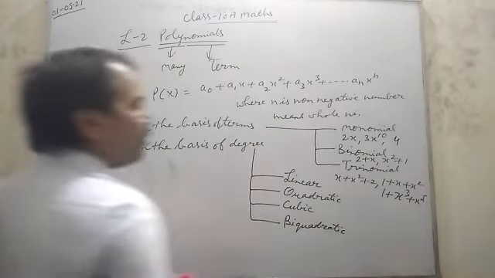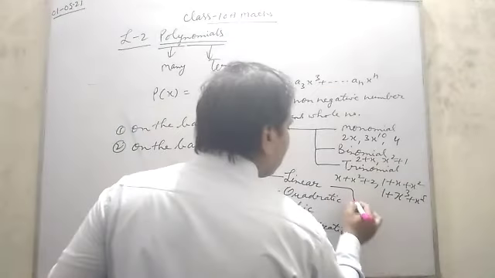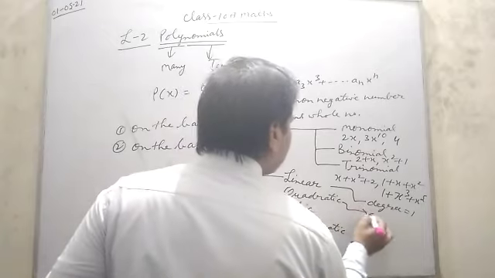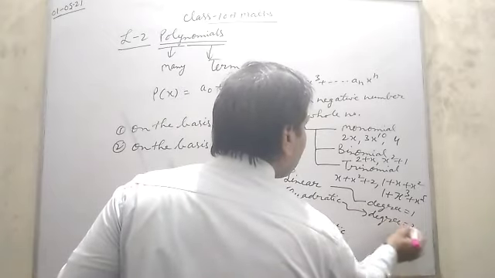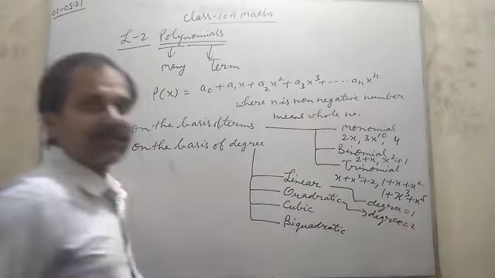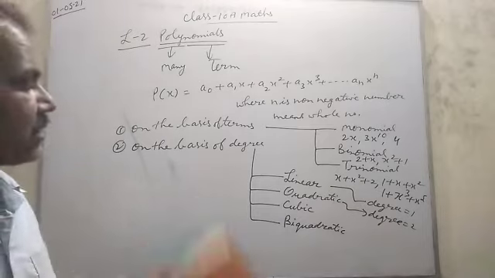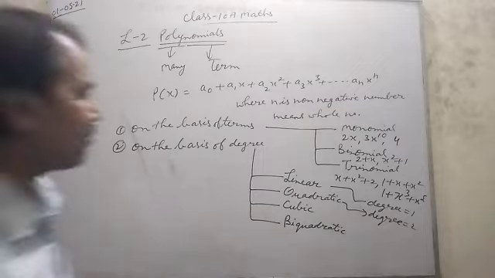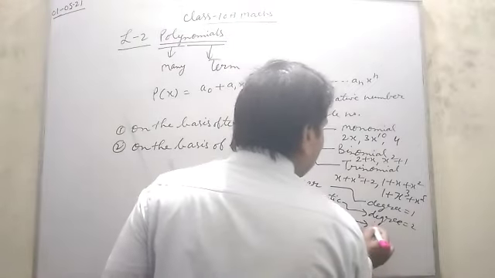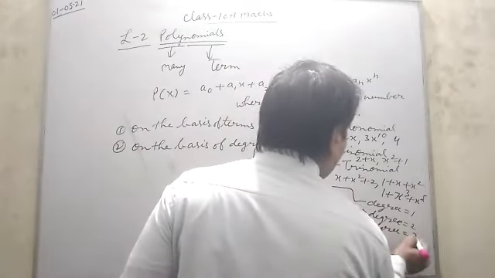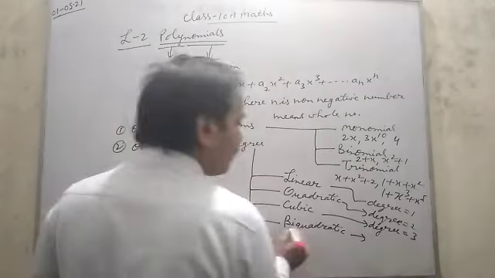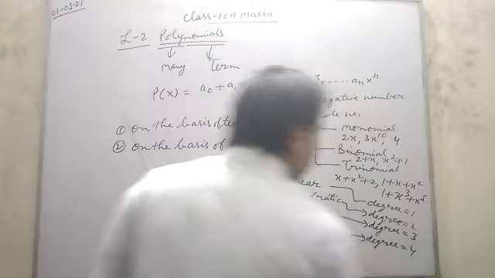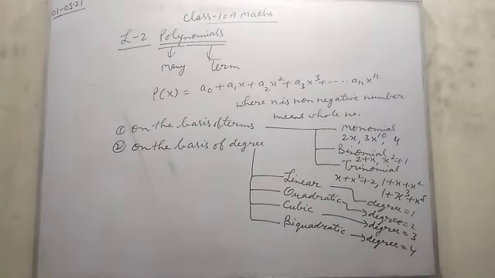Linear means degree 1, quadratic means degree 2. Here we will not count the number of terms, we will see the highest degree of the variable. Cubic has degree 3, and bi means 2 and quadratic also 2, so degree 4. Clear? 1, 2, 3, 4.